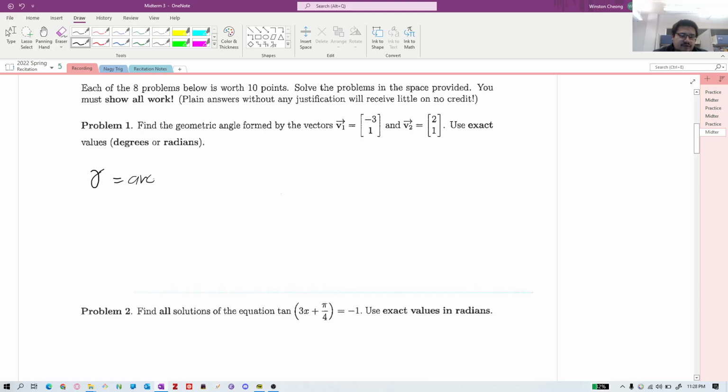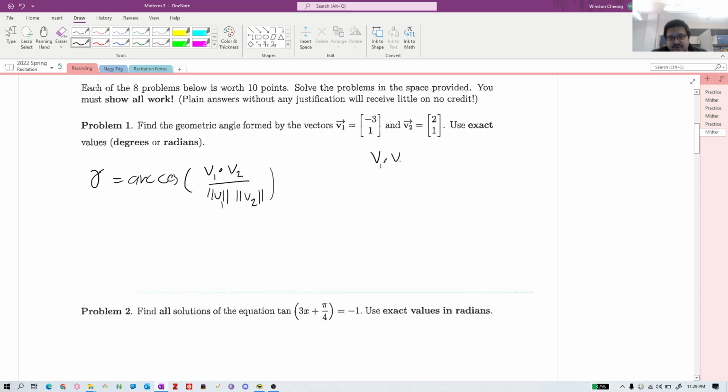So it's arc cosine of v1 dot product v2 over magnitude of v1 times the magnitude of v2. To calculate this angle, we have to calculate these three quantities, the dot product and two magnitudes, and then we take the arc cosine of that. So let's go ahead and do this.